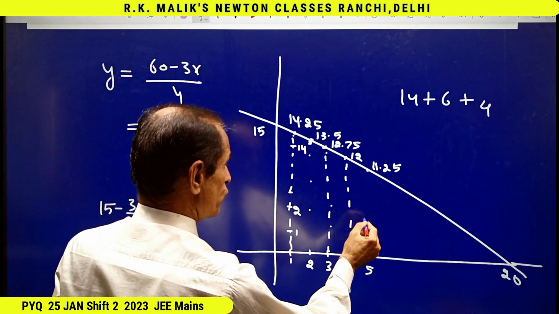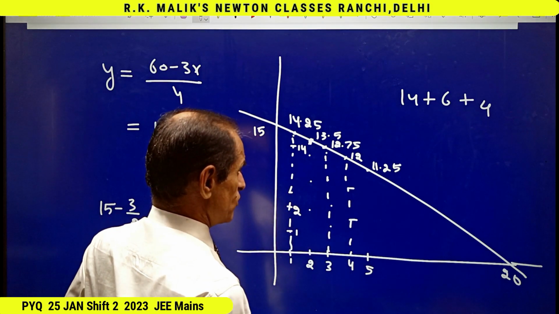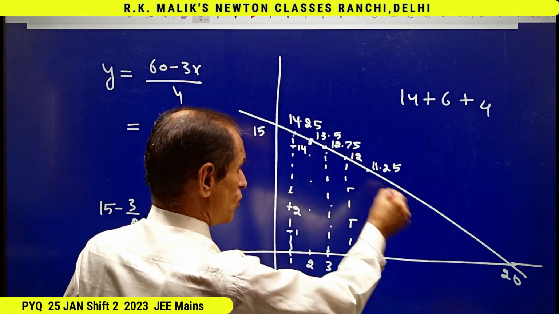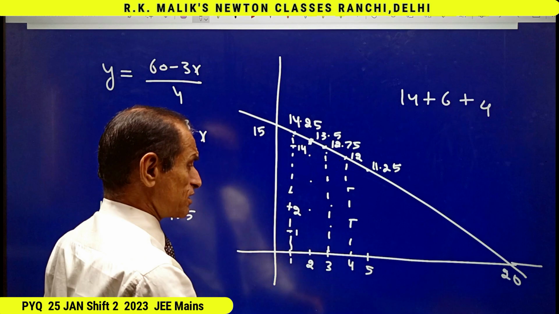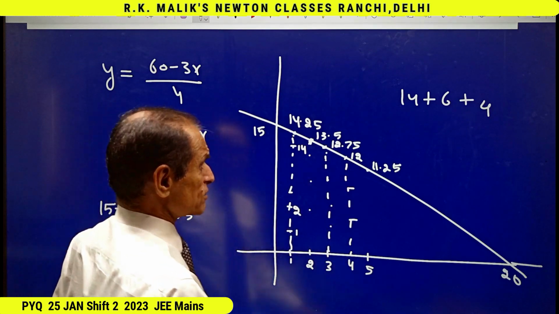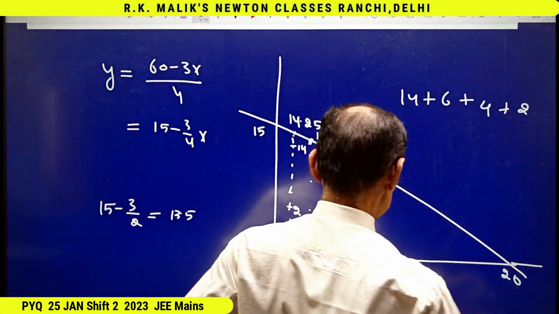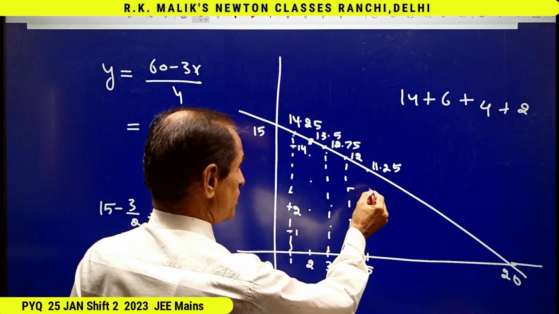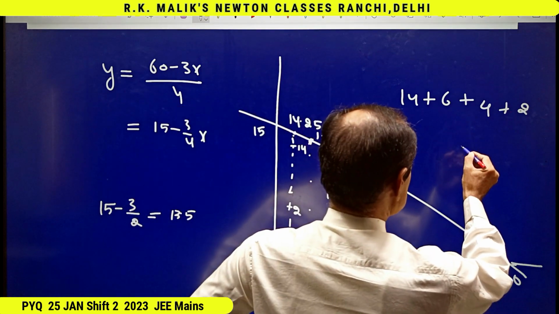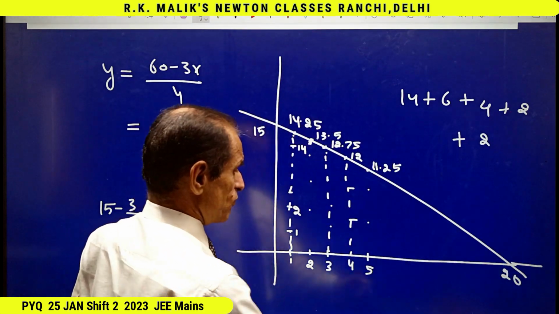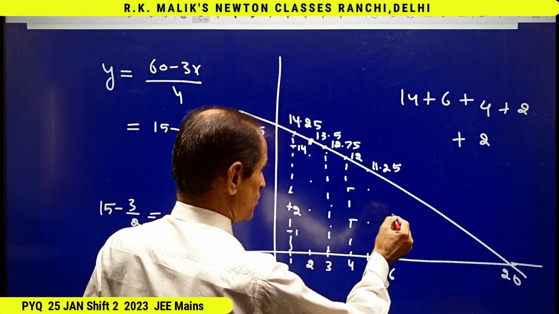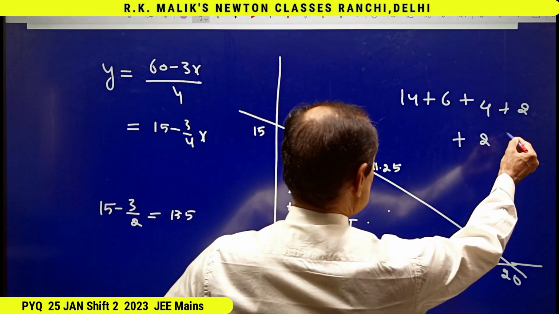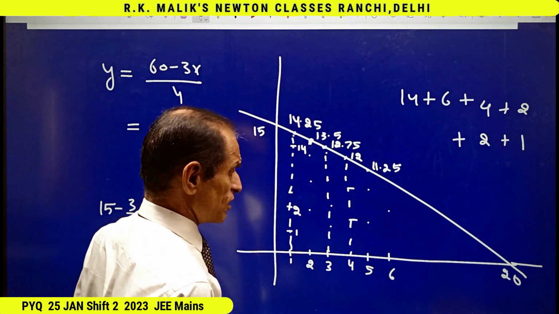On the next line, 4 and 8 will be taken, but because the point having y coordinate 12 lies on the previous line, therefore that will be rejected. On this line, 2 points are there, plus 2. And for 5, 5 and 10 will be taken, plus 2. For 6, the point will be the point having y coordinate 6, that is 1 point will be there.